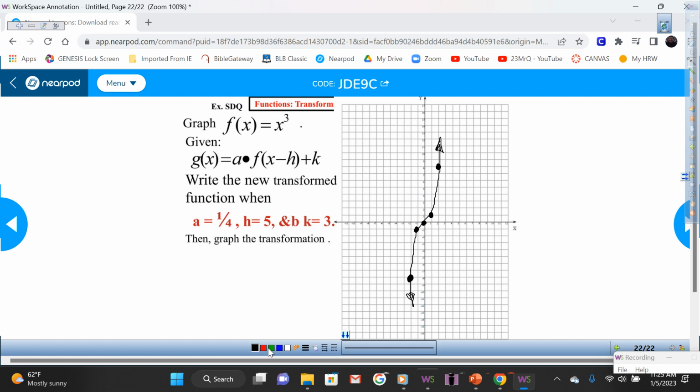There it is. All right. So, from there, they want us to rewrite this one, but with these parameters. So do that yourself right now. Talk it over to your neighbor. Let them know what it's going to look like, please, before you write it down and make a mistake.